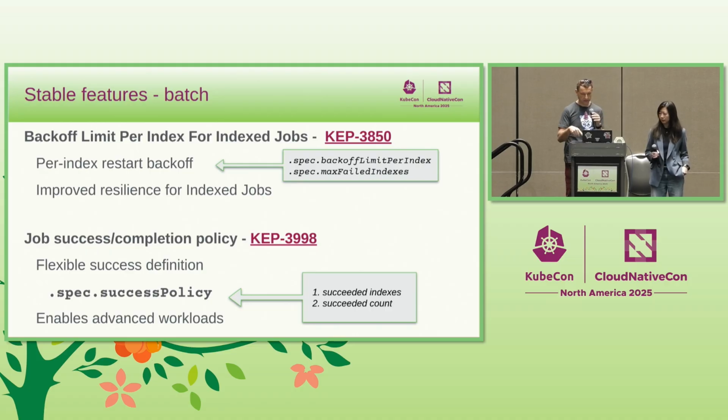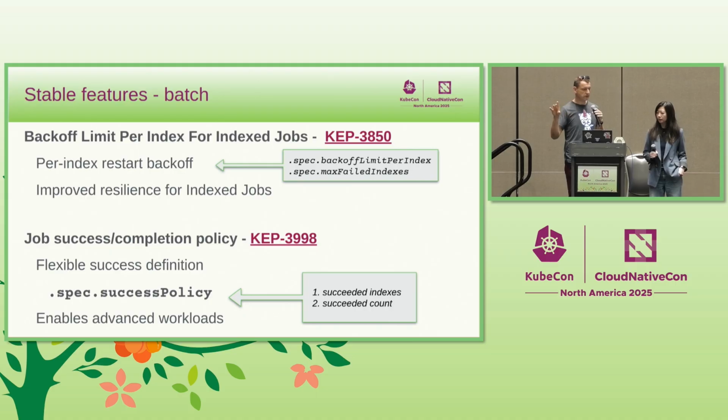Another one at the bottom is talking about the job success completion policy. Something similar, again, coming from the batch working group. They basically wanted to be able to say when a particular job is ready and when it's not. Up to a certain point, we only had a notion of parallelism, which allows you to define how many pods are executing a particular job in parallel.